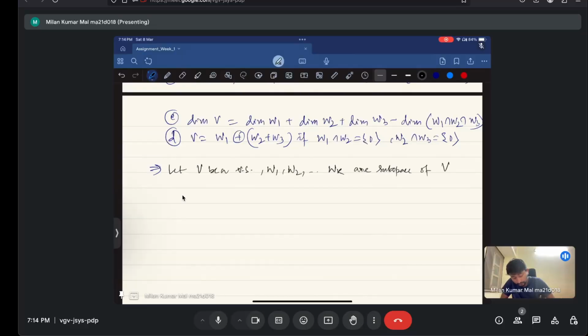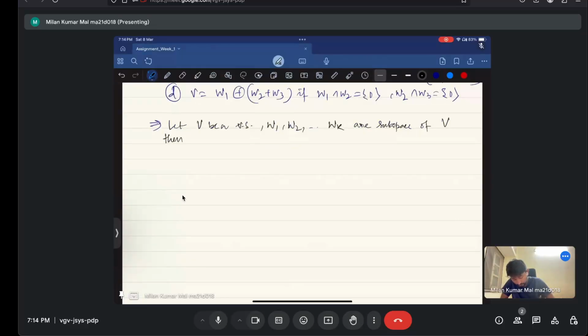Then this is just the sum. This sum means any element of the form alpha 1 plus all the way alpha k such that alpha i belongs to Wi, a subspace of V.